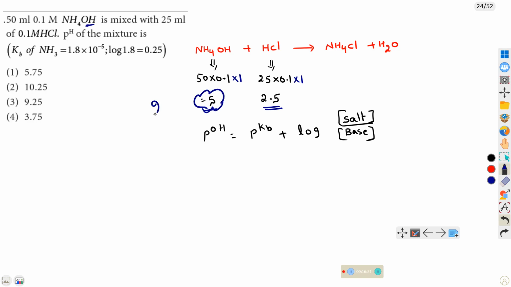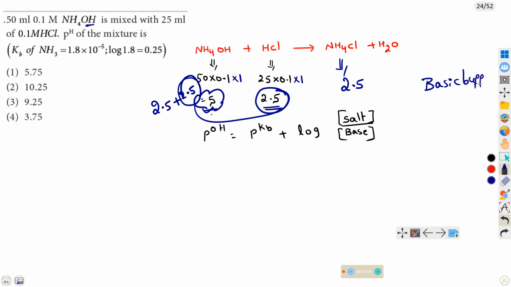This 5 is also written as 2.5 plus 2.5. Out of 5 millimoles, 2.5 millimoles of base reacts with 2.5 millimoles of acid and gives 2.5 millimoles of salt. Here base is in excess, so this buffer is considered a basic buffer.